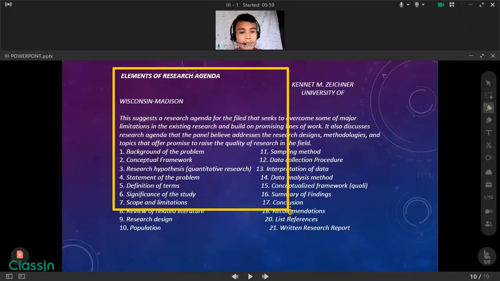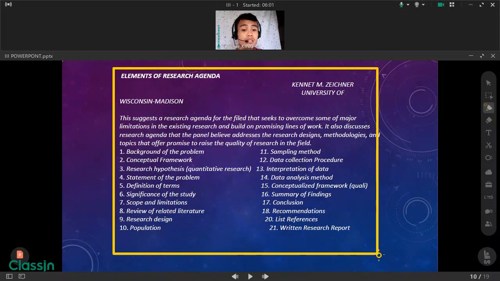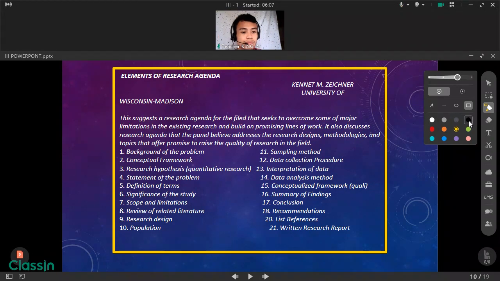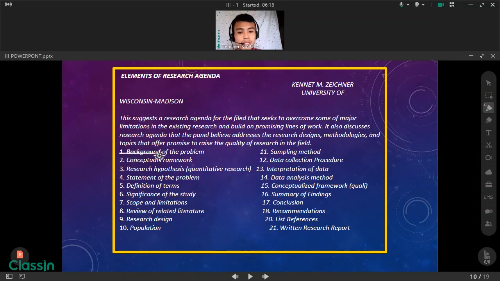This is not the research agenda. This is just the content. So of course, you have here the background of the study, the background of the problem. We have also the conceptual framework. We have also the research hypotheses, which is only applicable for quantitative research.